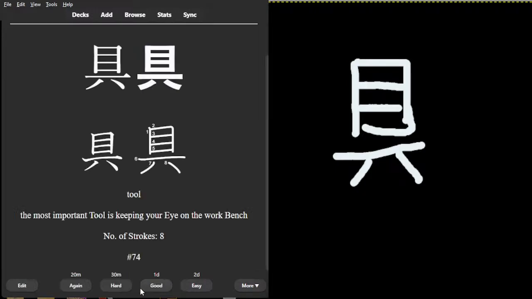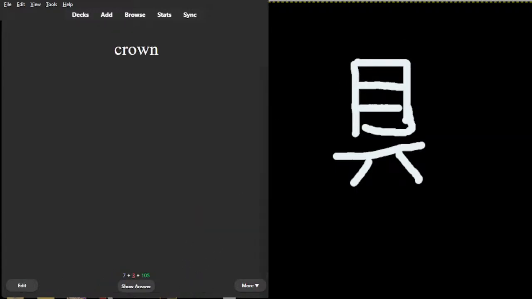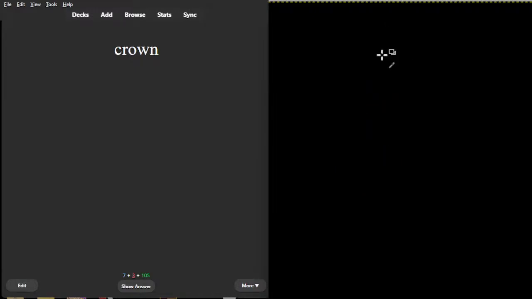I forget what my story is. Most important tool is keeping it. Yeah. So the important thing is remembering the symbol. You will forget your stories, and that's fine if you remember the symbol. The stories are just a bridge to get to the symbol. Give that easy. Crown.